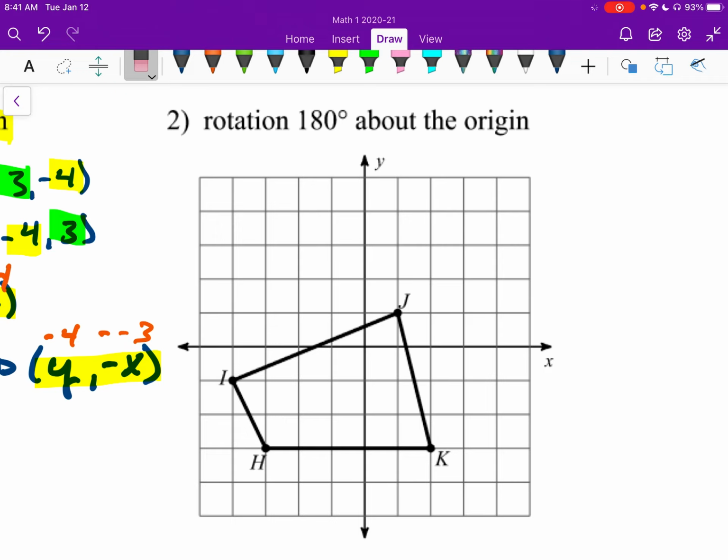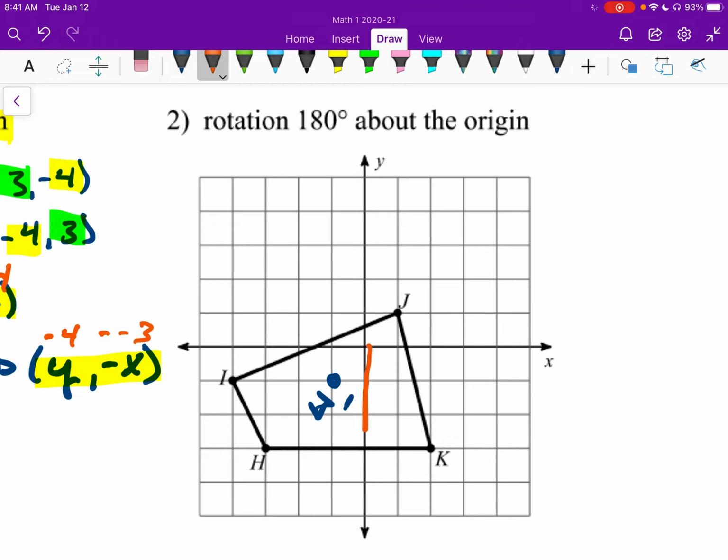So let's start off with J. J is like that. If I rotate it one time, it'll be like that. And if I rotate it again, it'll be like that. Now I'm going to erase that because it's starting to look kind of like a weird symbol. So maybe don't write all those down. But that's kind of what we're doing in our head.